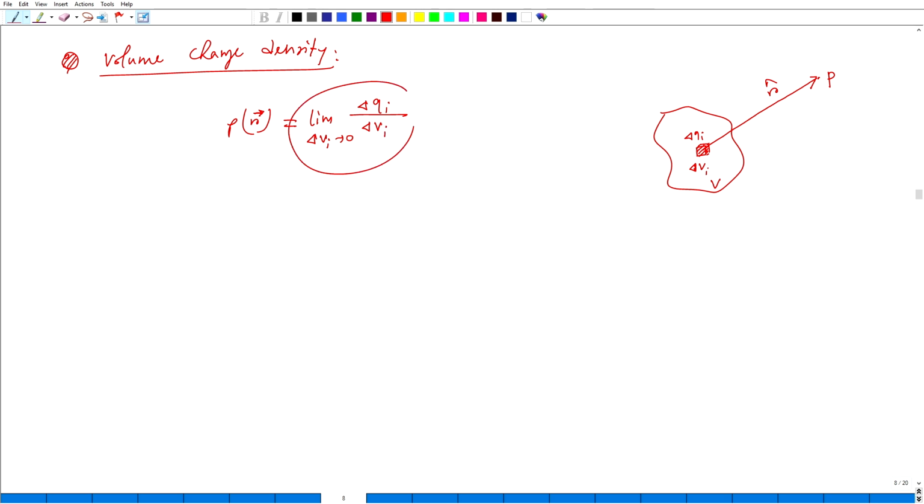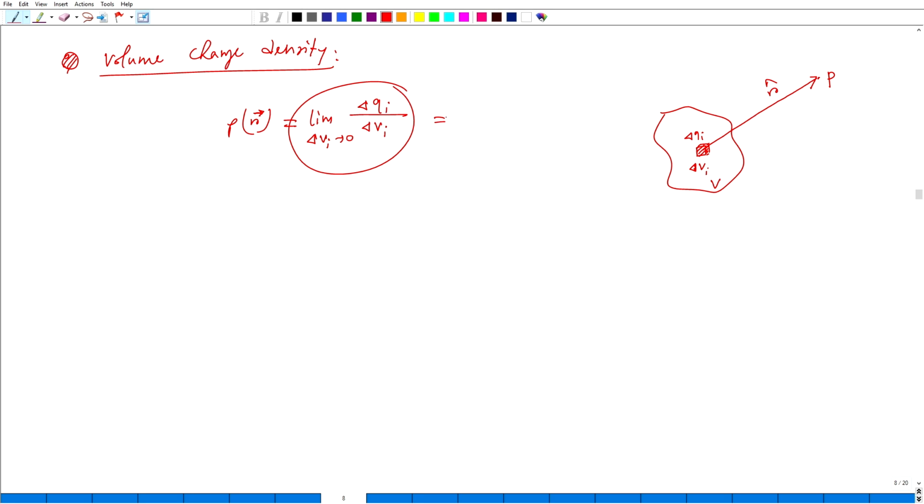This is the general way we can define the charge density. We first consider a small strip for a linear case, for a 2D problem we define a small surface element, and for a 3D problem we define a small cube, and then take the limiting case where the size of this small object tends to 0. So, we define a continuous variable, dq over dv, where dq and dv are both continuous variables.